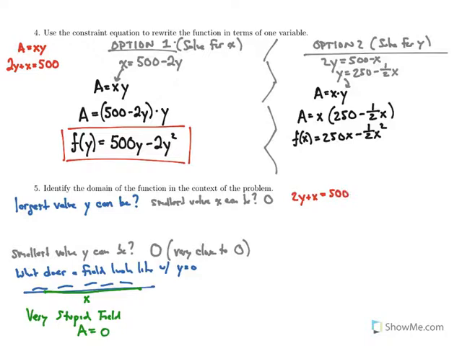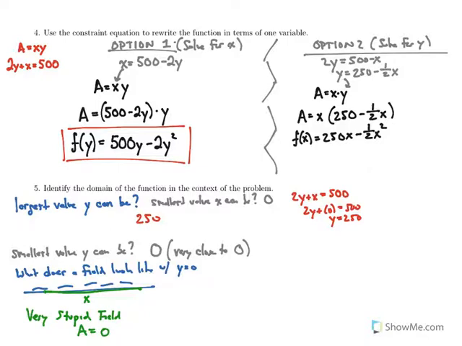So if the smallest value of x is 0, that means y has to be as big as possible. We plug in 0 into this constraint equation, and we get y is equal to 250. Now, you may have been able to figure that out on your own without that extra help, but that's going to be kind of a nice way to get around it.